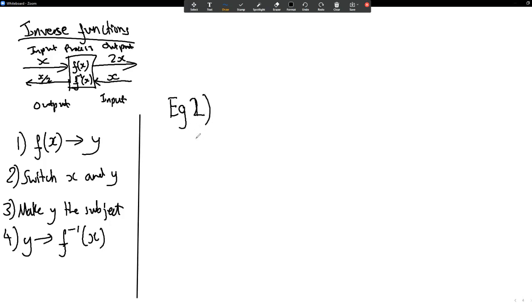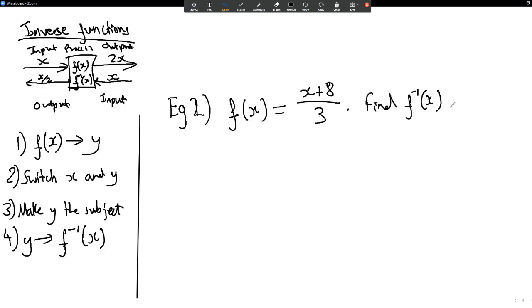Right, so let's get f(x) equals (x plus 8) over 3. And it'll say find the inverse function, f minus 1 of x. Okay, so let's start with step 1. So we want to convert the f(x) into y.